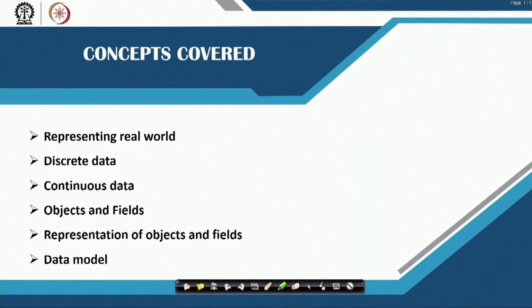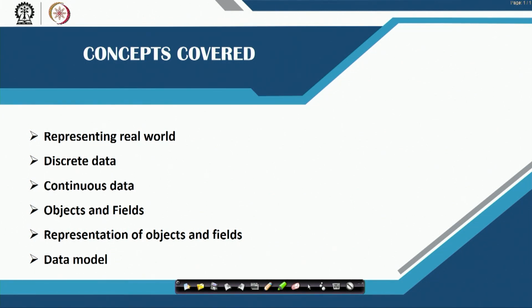The first 2 weeks were to understand what GIS really means, but from now onwards we will start handling data. In today's lectures, we will look at how we represent the real world. We will also look at different data: for example, discrete data is one set of data, and the other is continuous data. Then we will look at objects and fields.